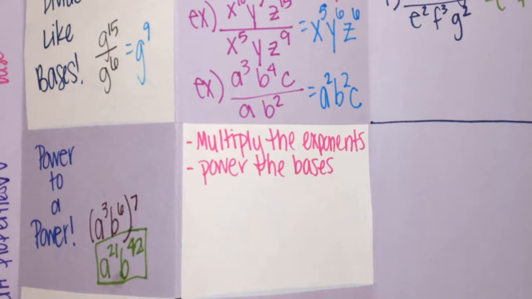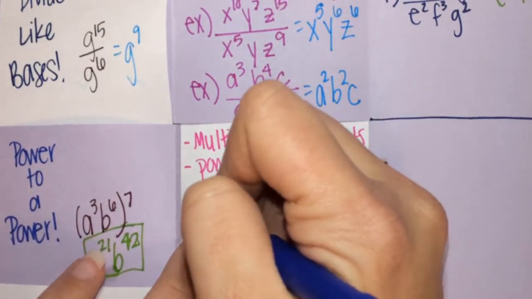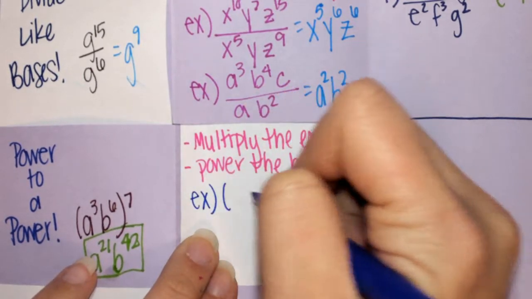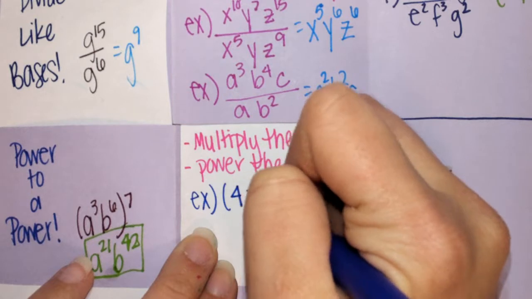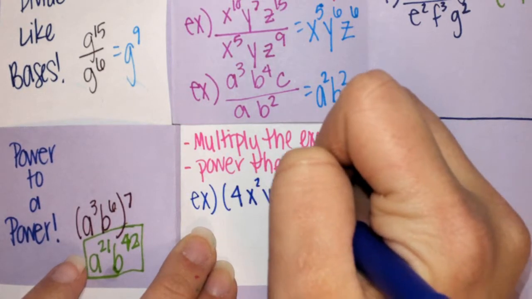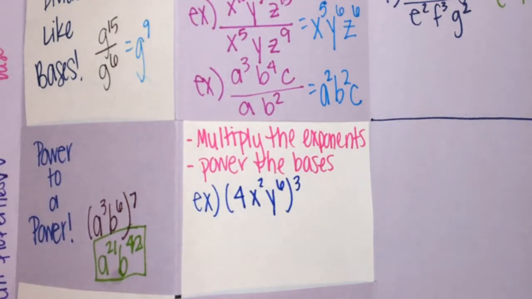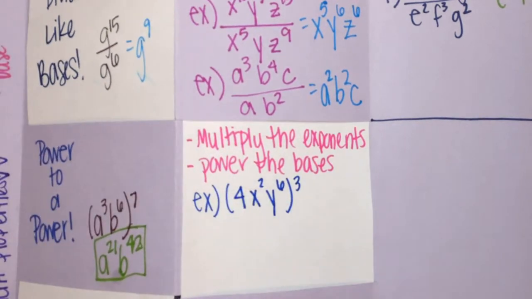I'm going to show you. Alright, so here's our first problem. If I say 4x squared, y to the 6th, all of that cubed. So that's quantity cubed. Anytime you say quantity, use parentheses. So you would do what?